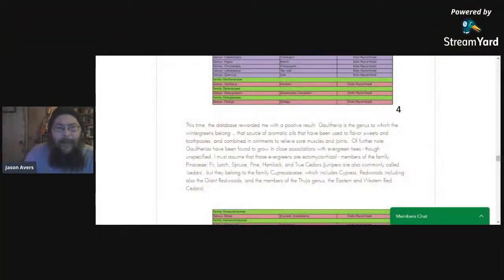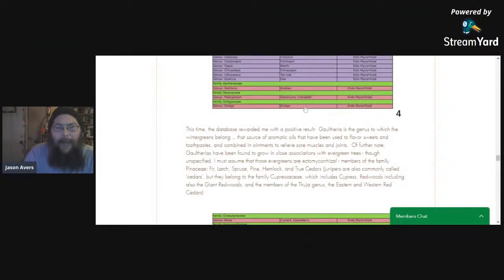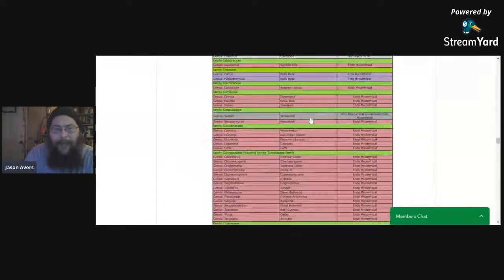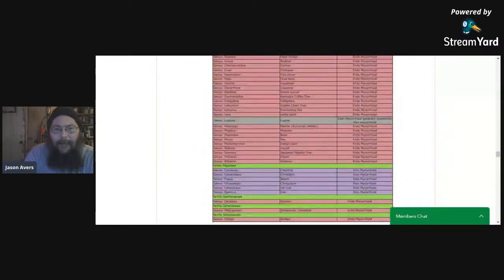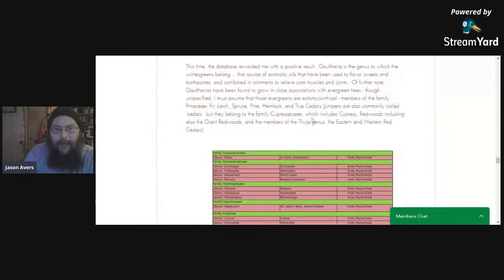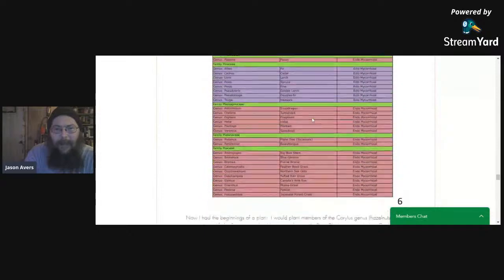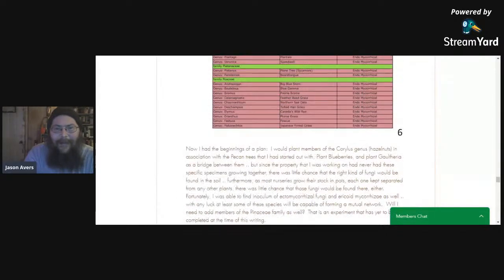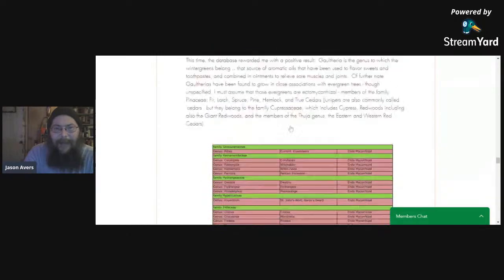Okay. So going back to our list of trees here. Let me get that there. There we go. Going back to the list of trees, we've got poplars. Let me find poplar.